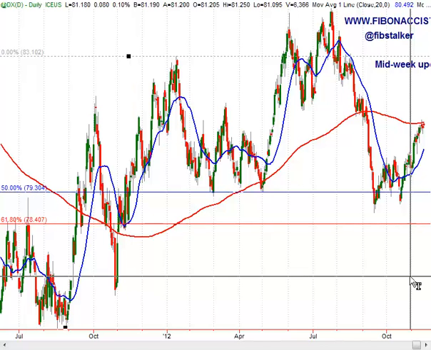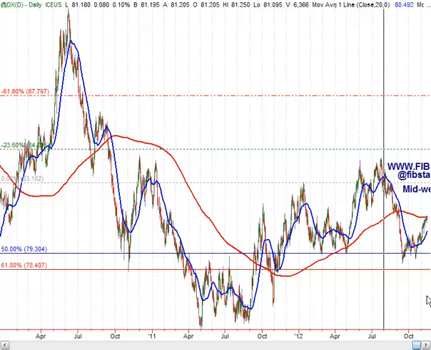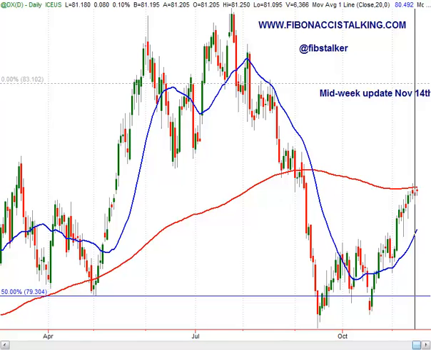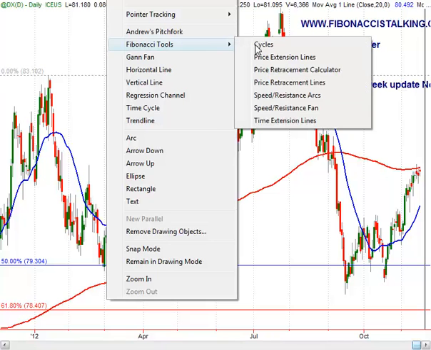It never touched the first target, which was located basically above the highs we saw in July, and indeed it was 84.90, but price never got there, and so price came back. So bears are currently in control, and as we see, we had a reaction at the same support level here, 79.30. Price started moving higher, and at the moment is touching the 200-day moving average as we anticipated.